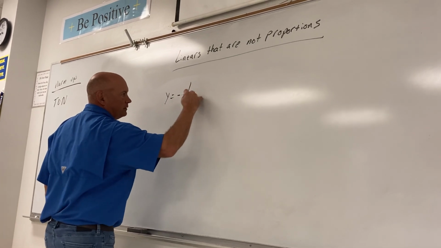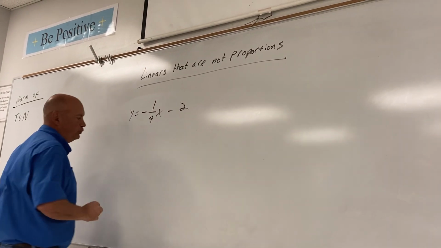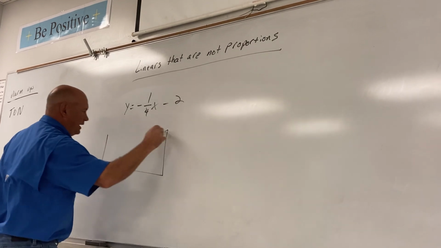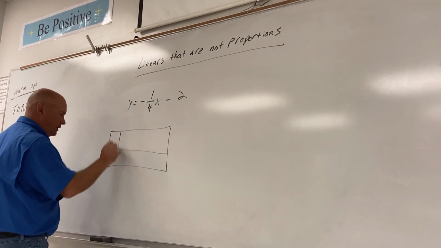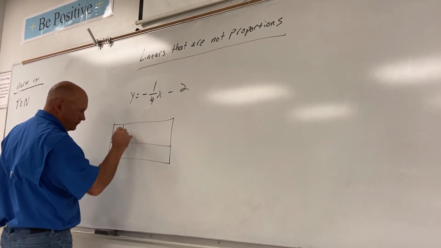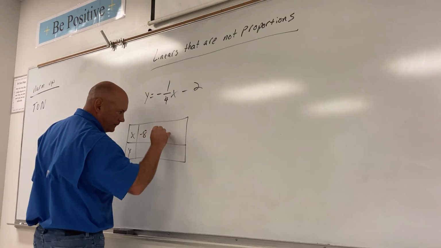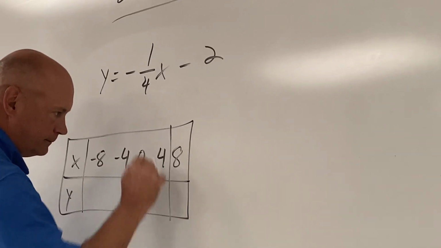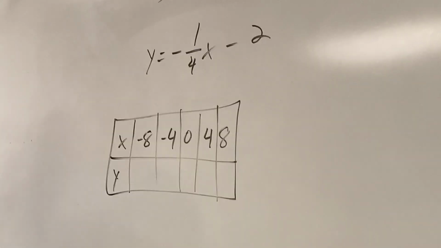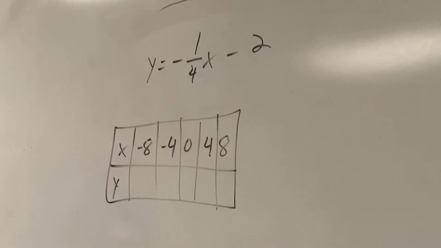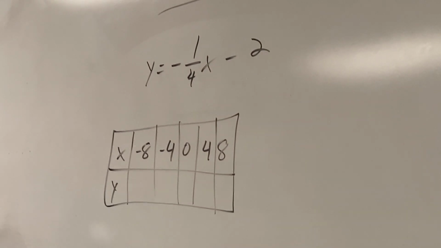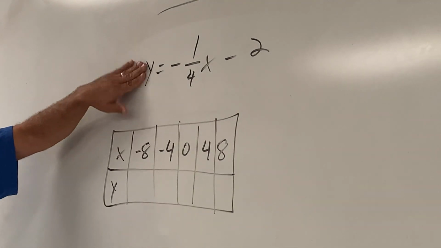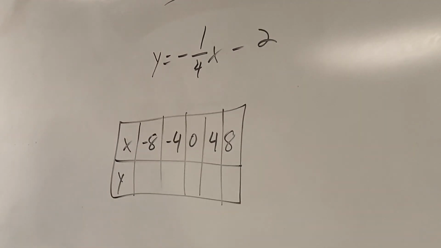Y equals -1/4 x minus 2. And this time, they're going to tell you what numbers they want you to plug in for x. All right, somebody read this equation right here. Madison, read it.